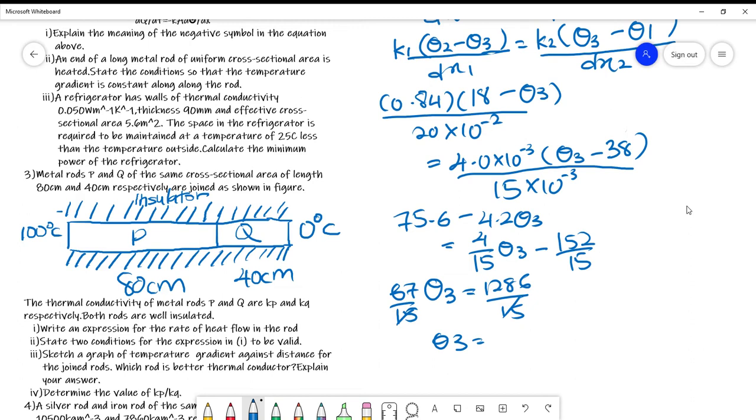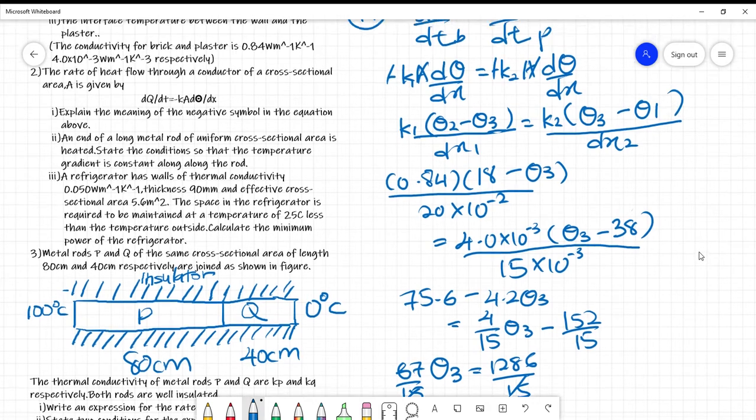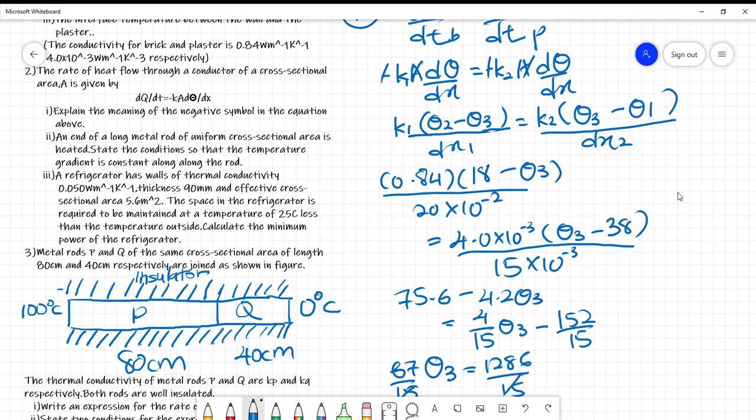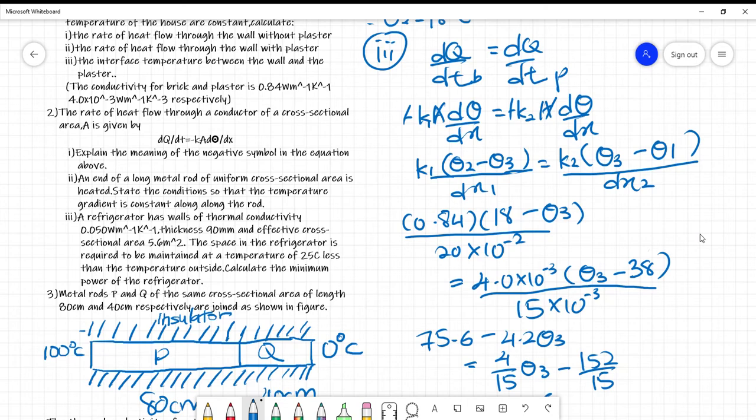So the final temperature will be, alright, there's something missing here. What are the mistakes? So 18 minus theta 3, theta 2 minus theta 1, and this is 18, okay. And this is 4 times 10 to the power negative 3, yes.